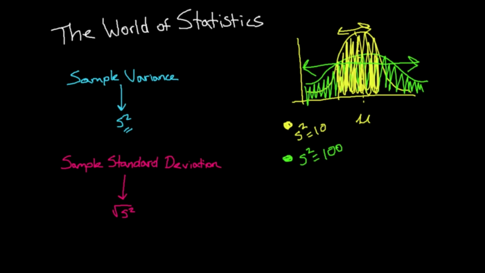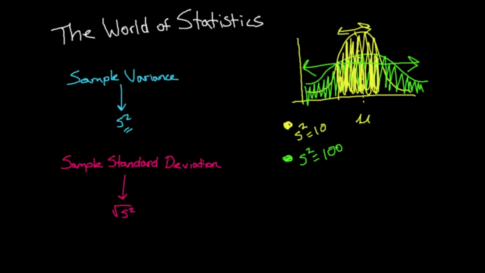There are all kinds of values around the mean, whereas the yellow group is pretty concentrated. Everything is pretty concentrated around the mean value. That's what we like to see. We like to see a small variance, meaning that our data doesn't vary as much from the mean. That's a recap of what these two things are telling us.